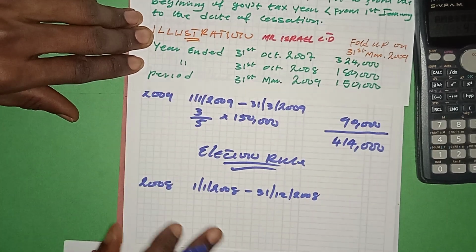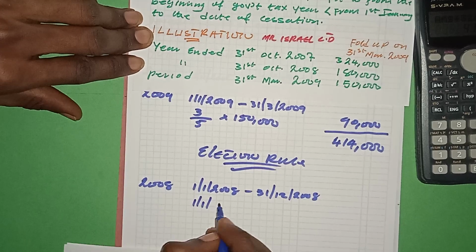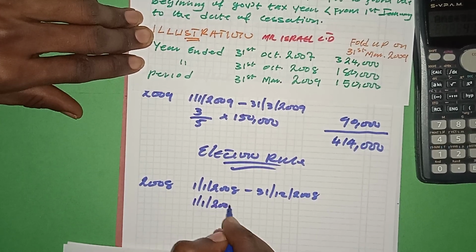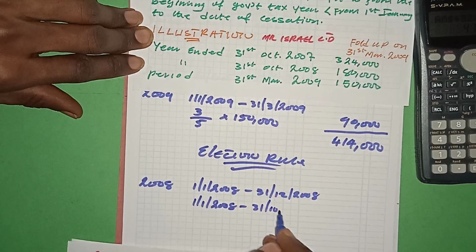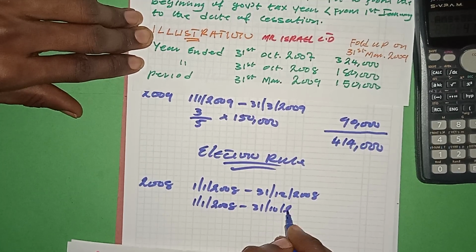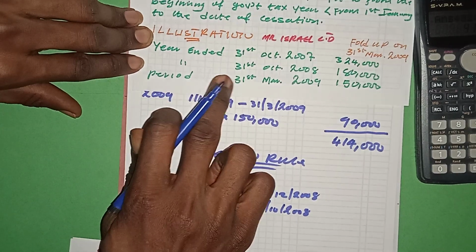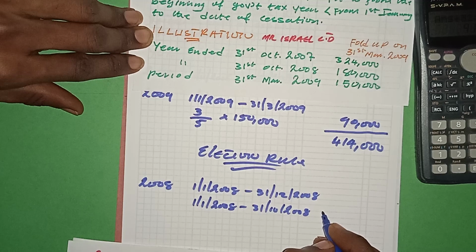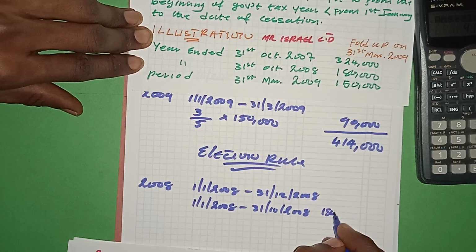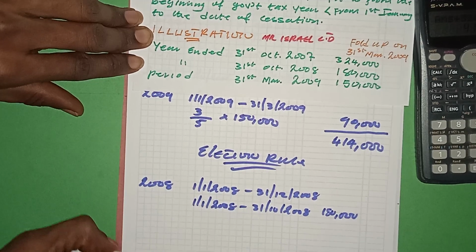You understand? So first 28 to 31st October 28 will give us 180,000.